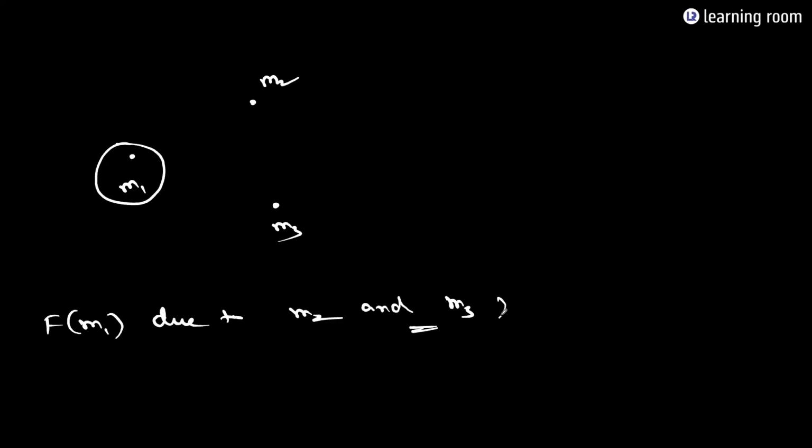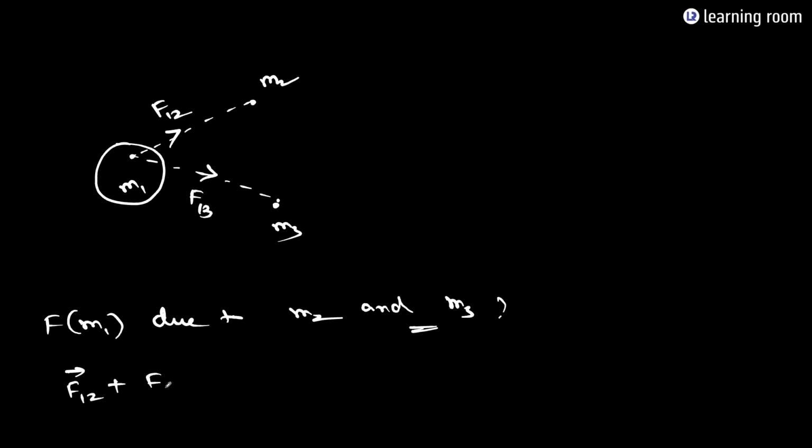Sir, M2 will pull the mass M1 with a force F12, in which direction? Towards M2. Very good. So this is F12 vector. And similarly, M3 will pull the mass M1 with the force F13.